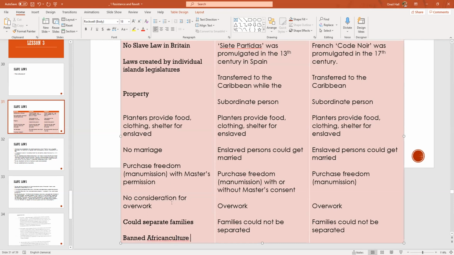Good. Was that the same for the Spanish? Sir, I'm not sure, but I know that the Spanish encouraged the slaves to become Roman Catholics. All right, so they encourage them to be Roman Catholic. The French also encourage them to be Roman Catholic.